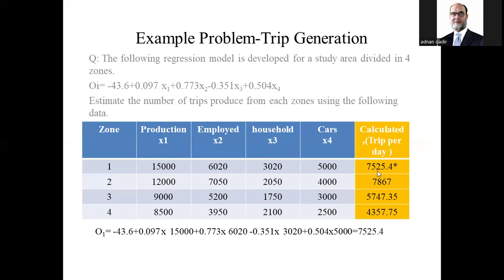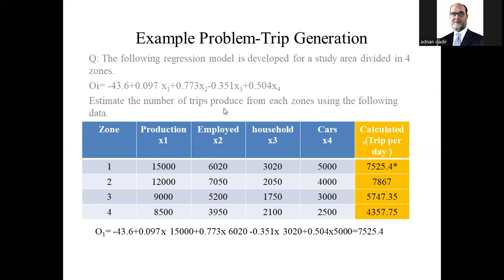For instance, I have shown here how this value is calculated. So this is minus 43.6, which remains here, plus 0.097 times x1. Now I have replaced x1 by 15,000. Then plus 0.773 times x2, x2 is 6020 over here.